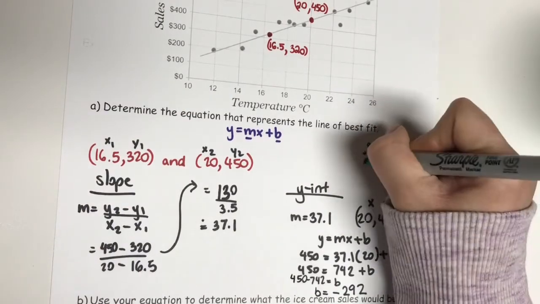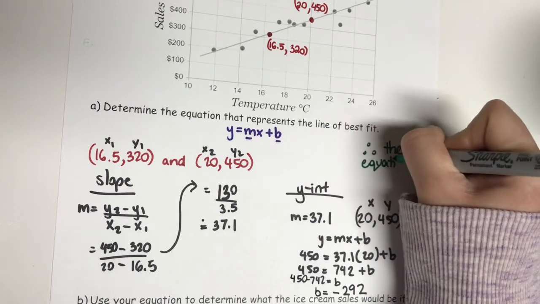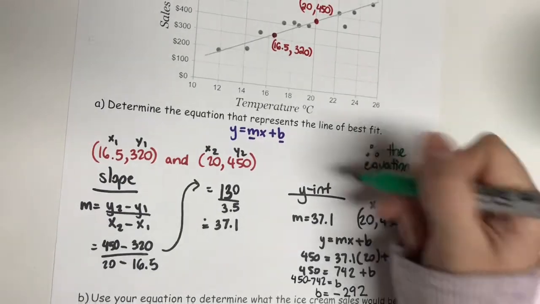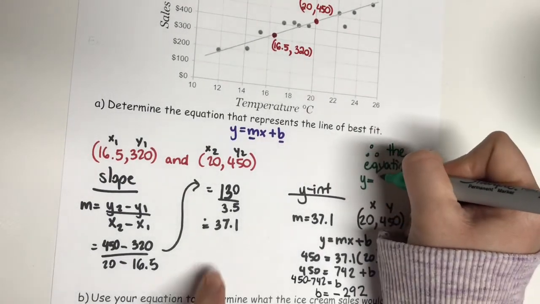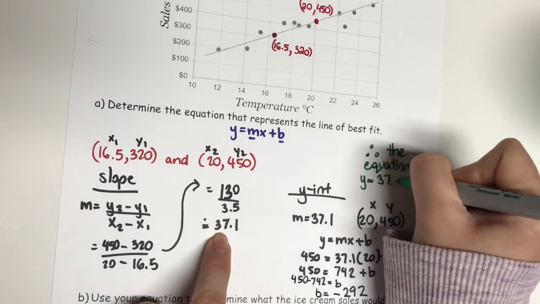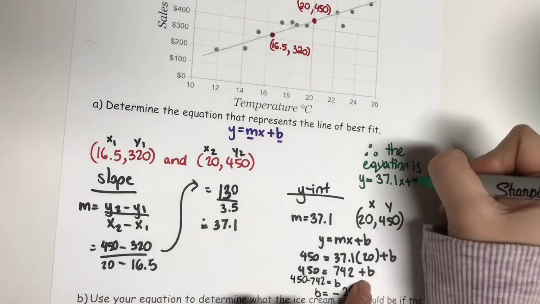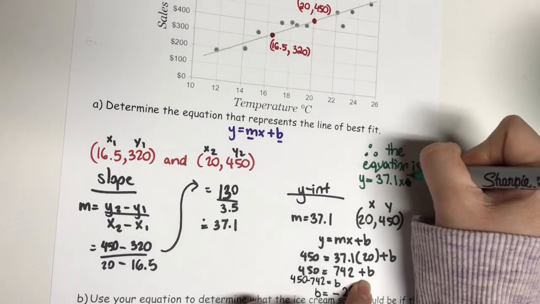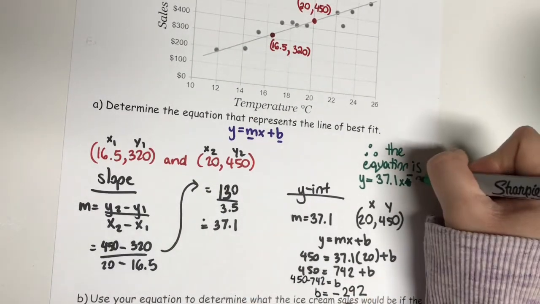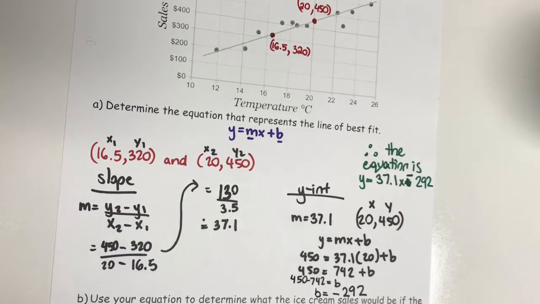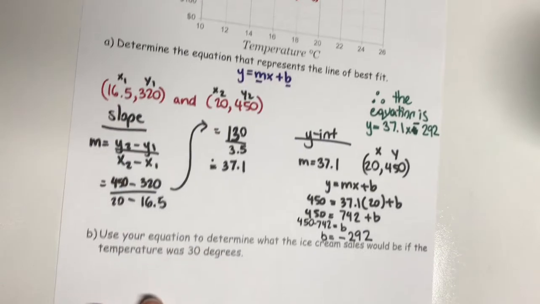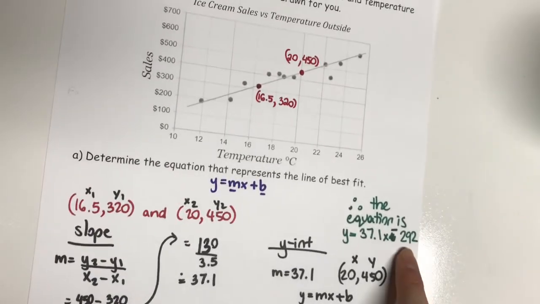Therefore, the equation is y equals m, which is 37.1, x plus, minus 292.